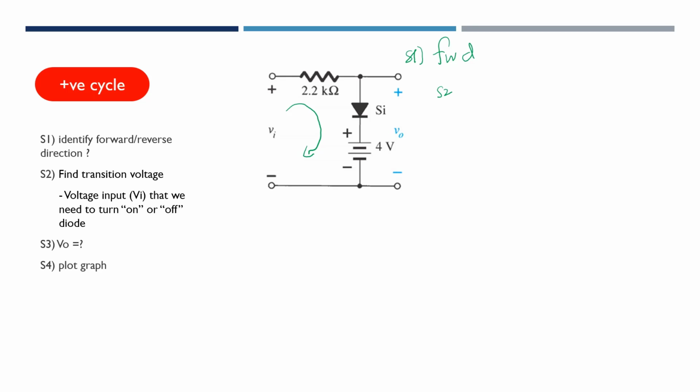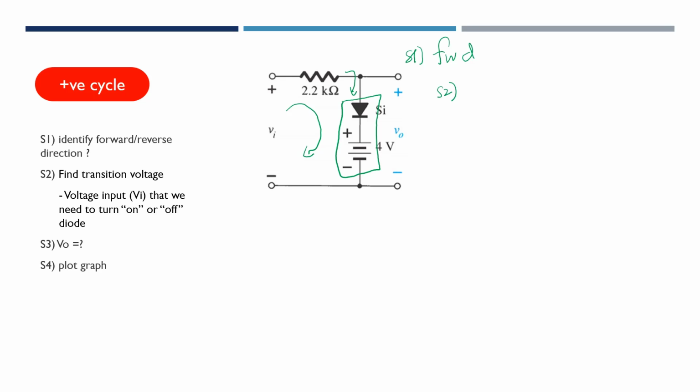And the second step, we need to identify the transition voltage. The transition voltage is the voltage that the VI needs in order to allow the current to flow through this part.